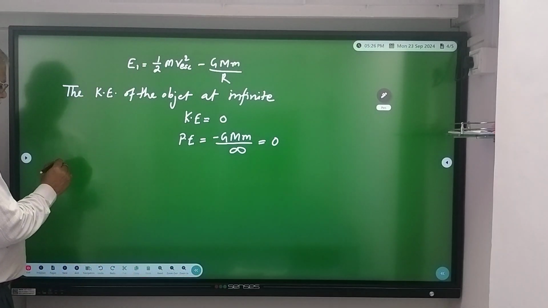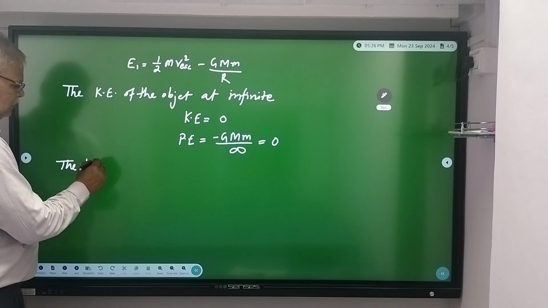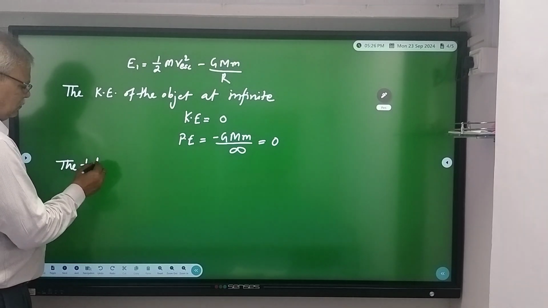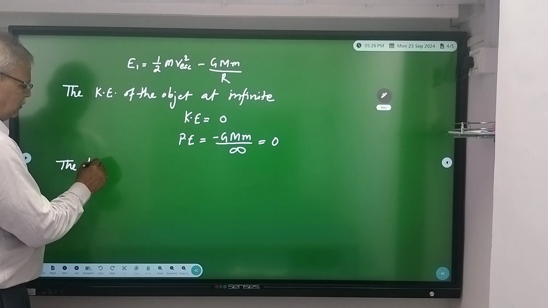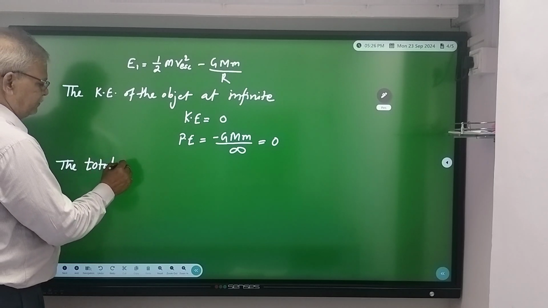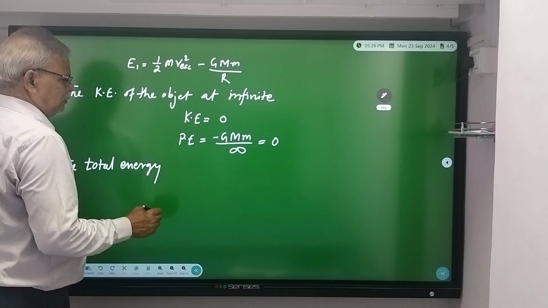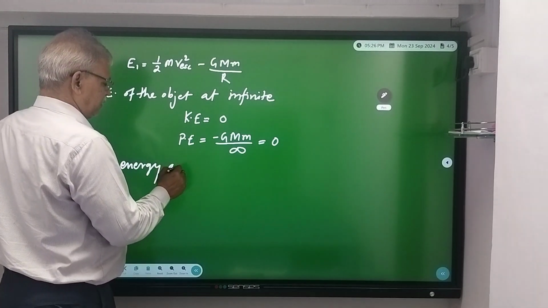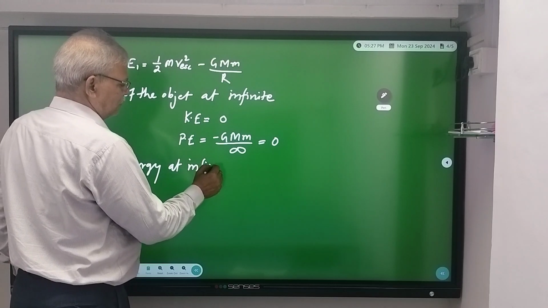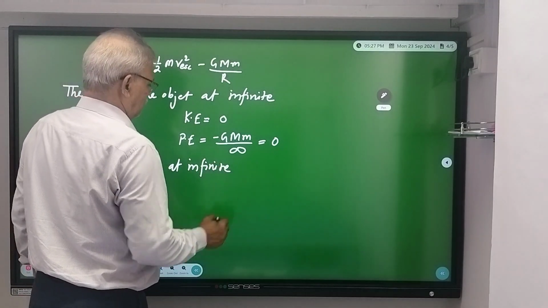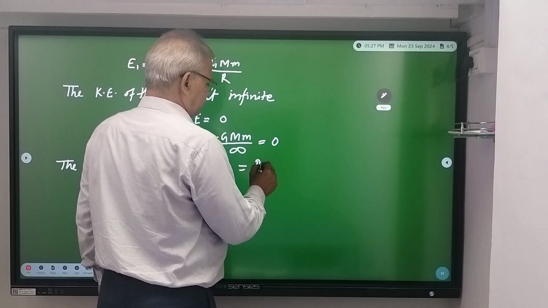Therefore, the total energy at infinite is equal to kinetic energy plus potential energy.